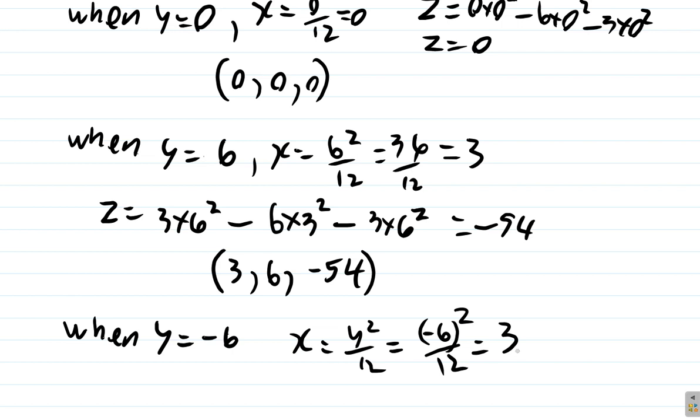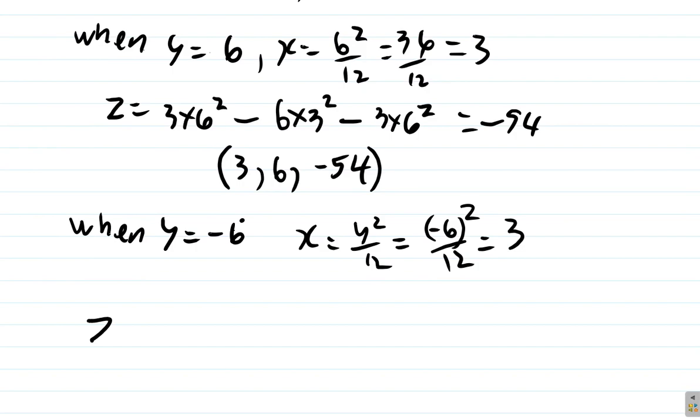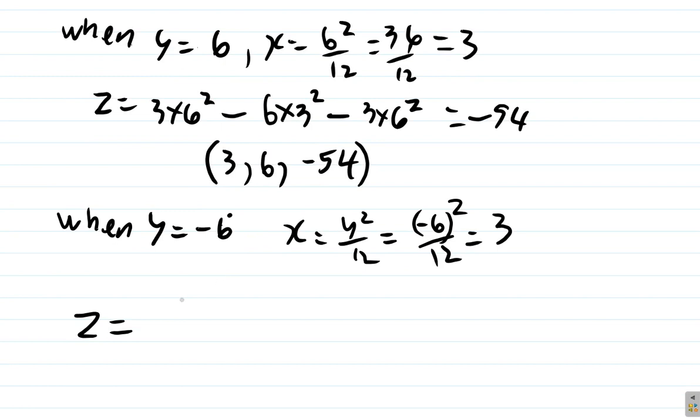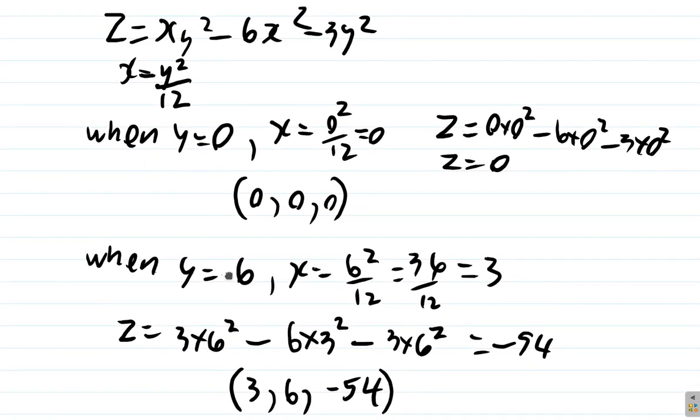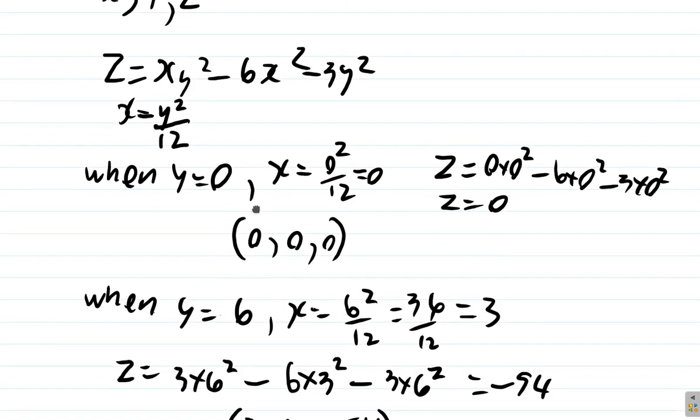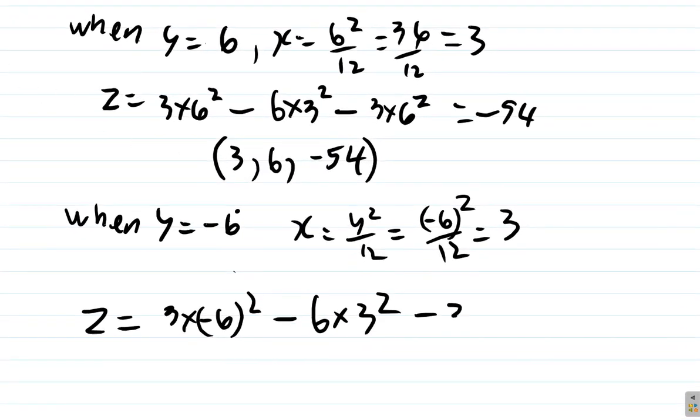Now, z is equal to xy squared, in this case 3 times negative 6 squared, minus 6x squared, so it's minus 6 times 3 squared, minus 3y squared, so it's minus 3 times negative 6 squared.